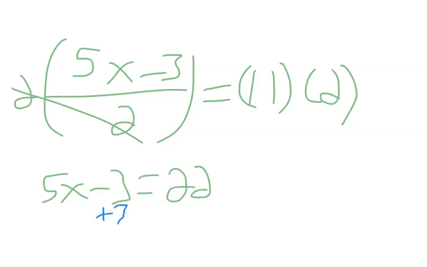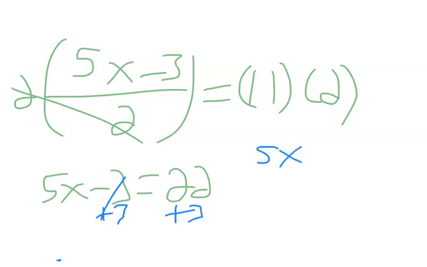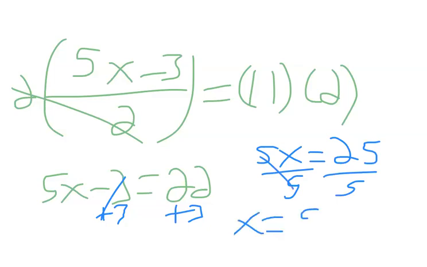We could do plus 3 plus 3. So you're left with 5x equals 22 plus 3 is 25. And divide by 5 on both sides. And then you're left with 25 over 5, which is also known as 5. So that works out there.